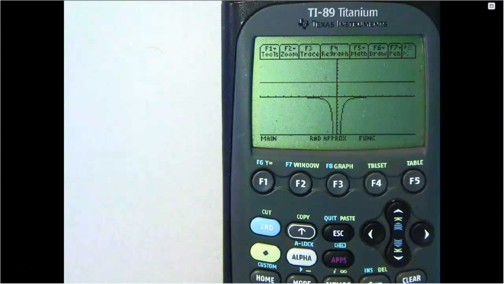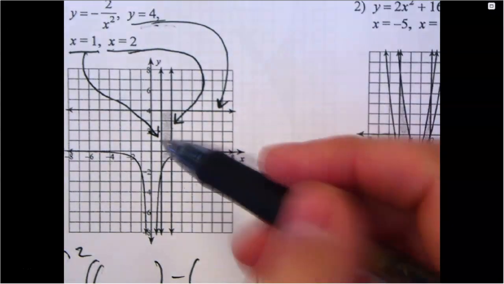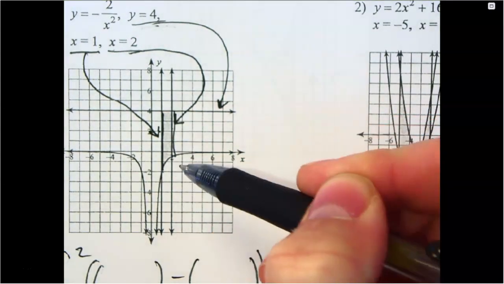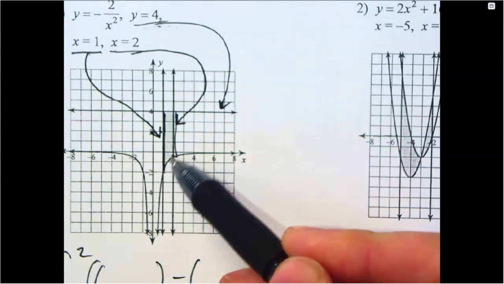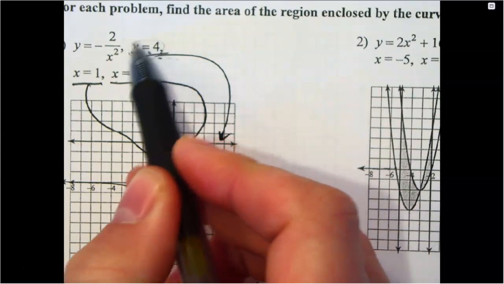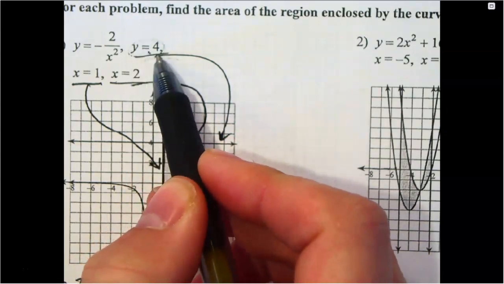A third way, we won't do this one, but the next one, is plug in a number. Find an x value between 1 and 2, or you can actually use 1 and 2 in this case. Let's say I plug in 1.5. If I plug 1.5 into this equation for x, I get 4.